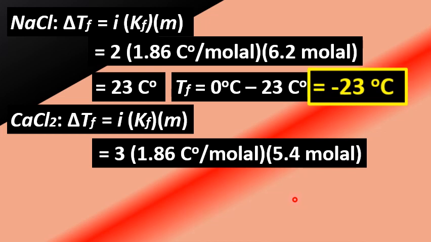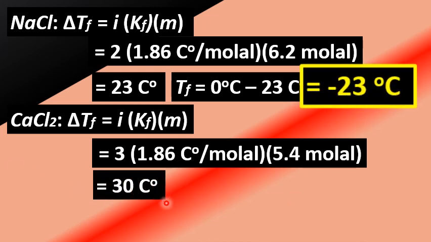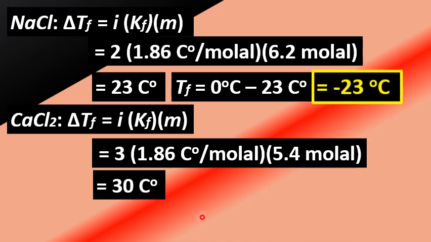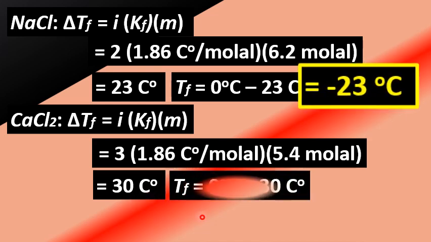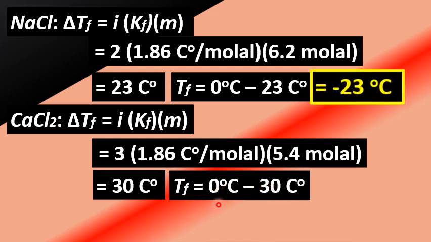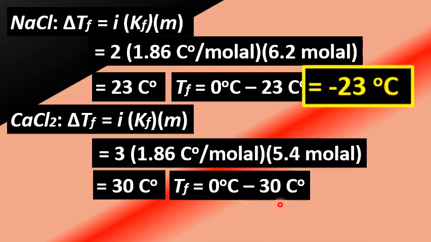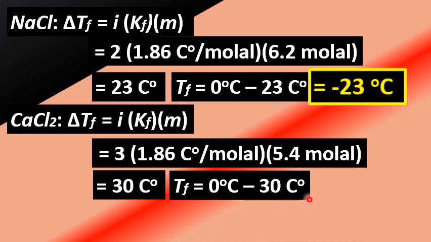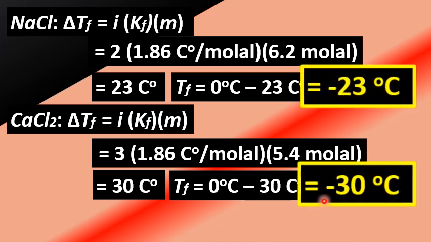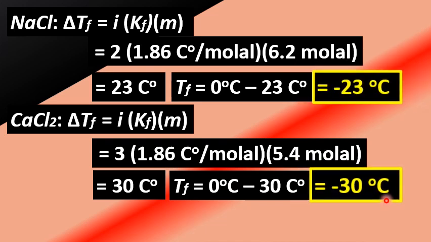So, we will get the delta TF of calcium chloride equal to 30 Celsius degree or Kelvin. And that means the freezing point of calcium chloride solution is just equal to 0 degrees Celsius minus 30 Celsius degree, which is, of course, negative 30 degrees Celsius. All right?